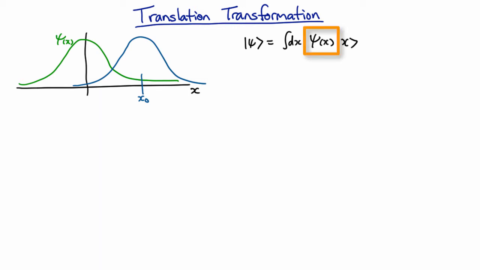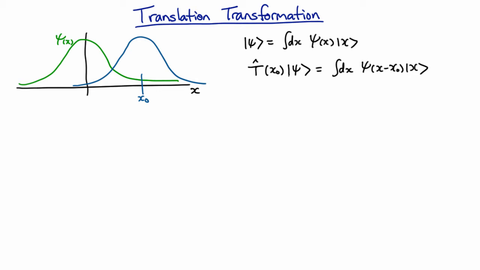So what we want is we want this to have moved over, and so we want the translation T of x naught acting on this thing. Our target is going to be that same wave function moved over like that. Put another way, that would take the eigenstate x and take it to x plus x naught.